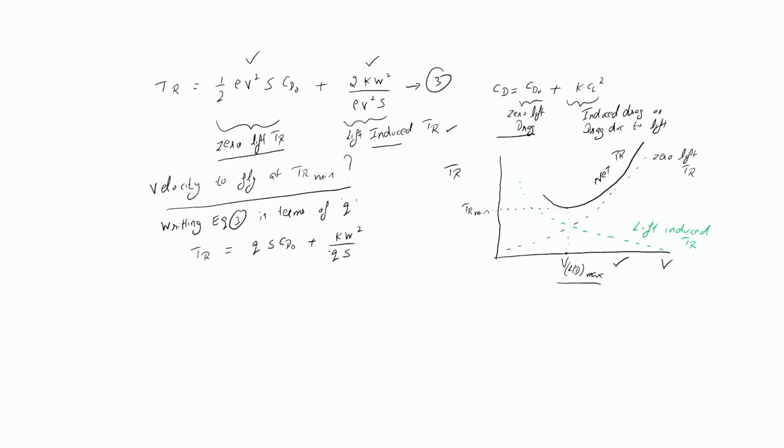Okay, it becomes easier to do the differentiation. Now let me write this dtr by dq. dtr by dq is what? So dtr by dv into dv by dq. Alright, so now we'll be doing the differentiation of this equation number 4.